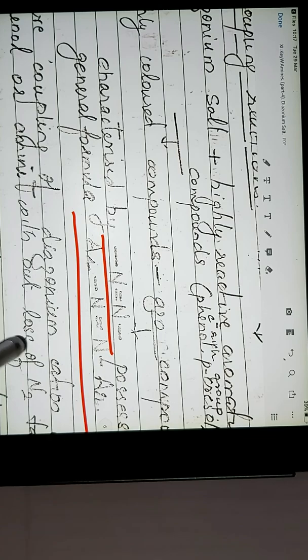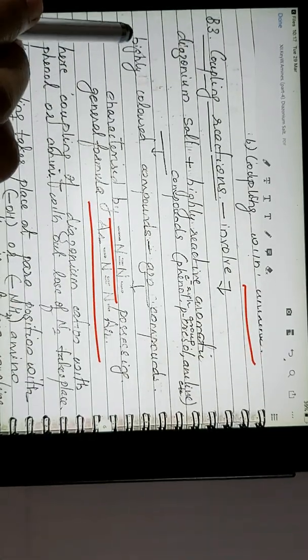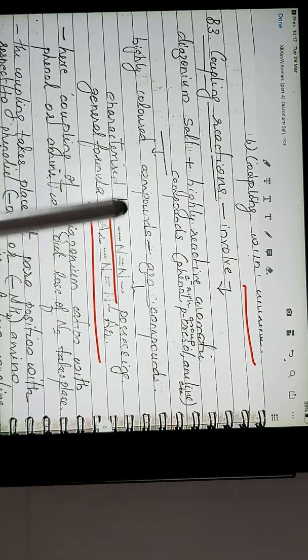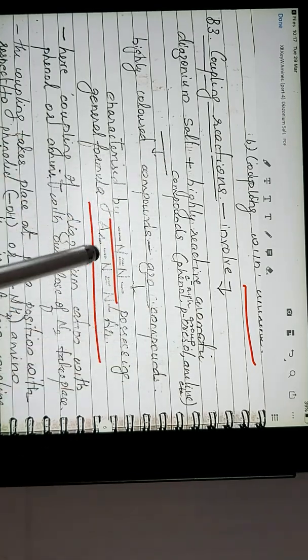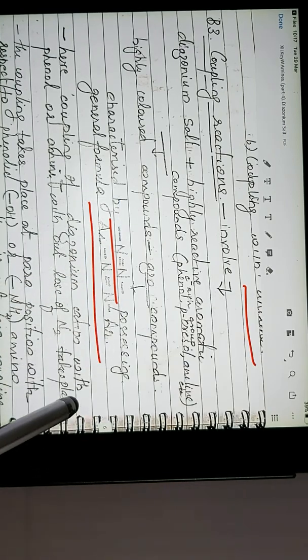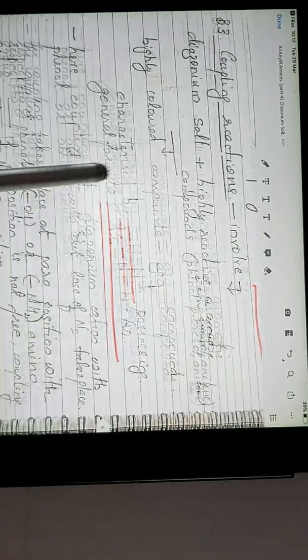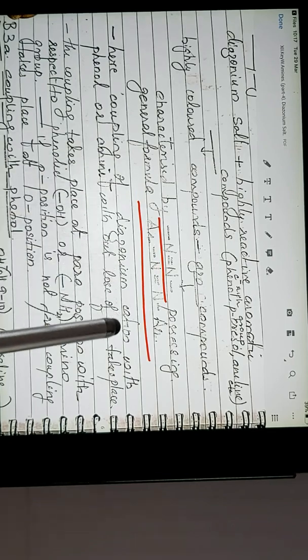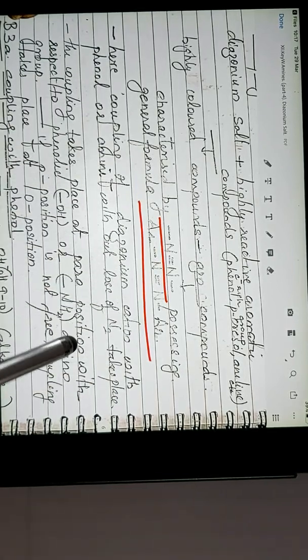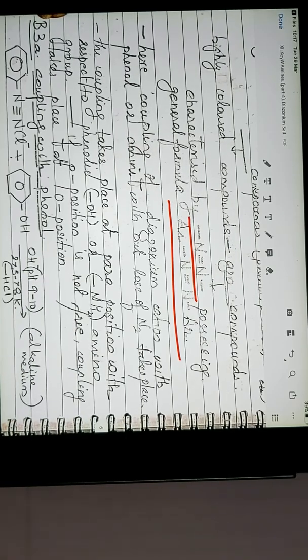And the very special thing about azo compounds is that they are all highly colored compounds, right? So you can see the azo compounds: aromatic ring, another aromatic ring, both the aromatic rings joined with an N=N double bond. So that's about this reaction. And here in the coupling of diazonium cation with the phenol or aniline, there will be no loss of nitrogen, there will not be any release of nitrogen.